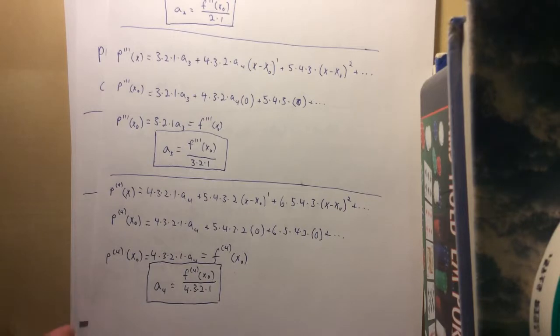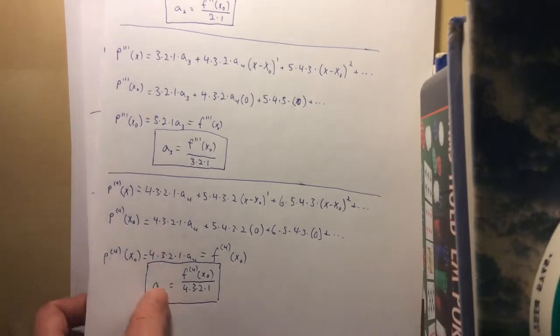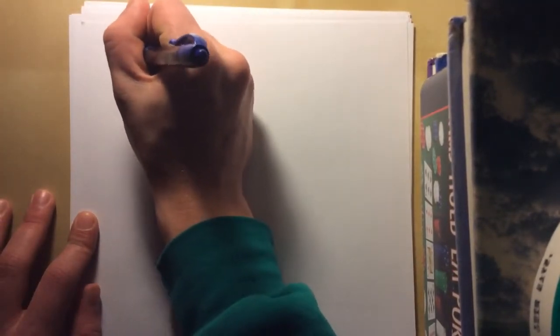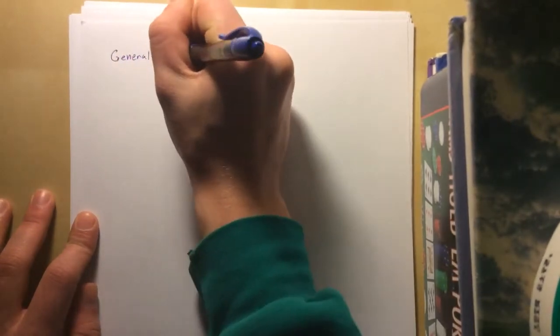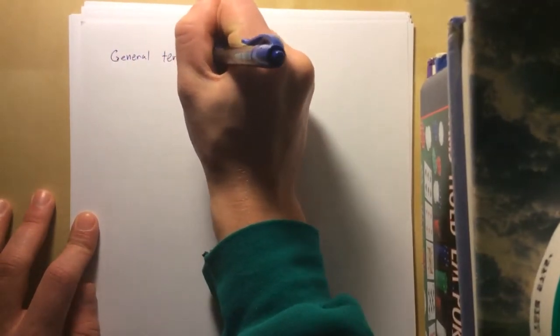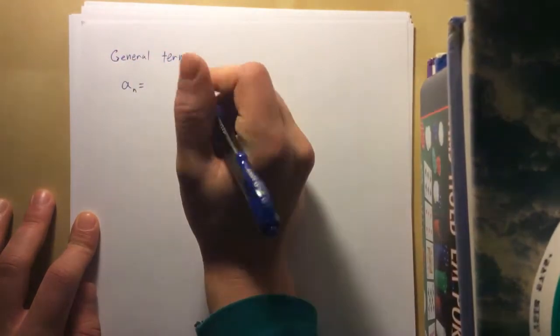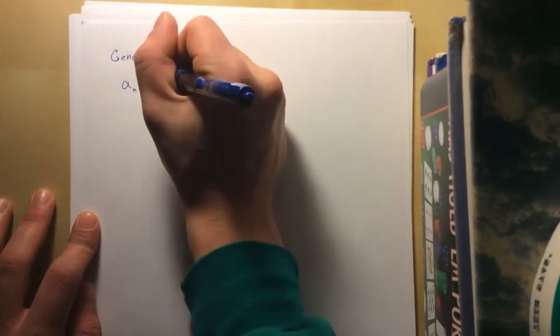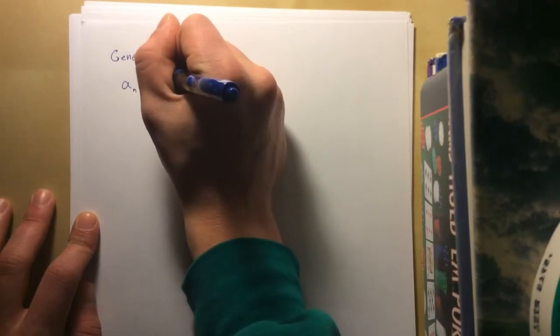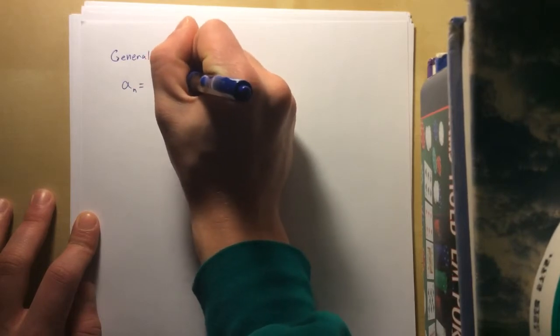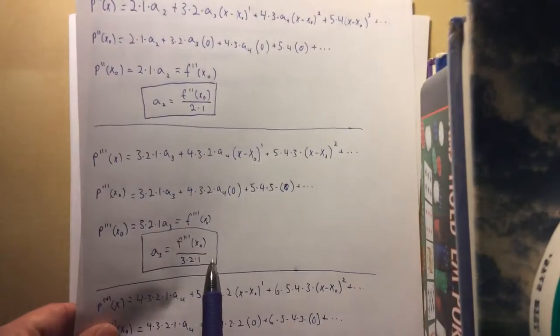So the pattern is that for a sub n, this is our general term. A sub n is going to equal, according to our power, the nth derivative of f at x naught, because remember, all of these are at x naught.